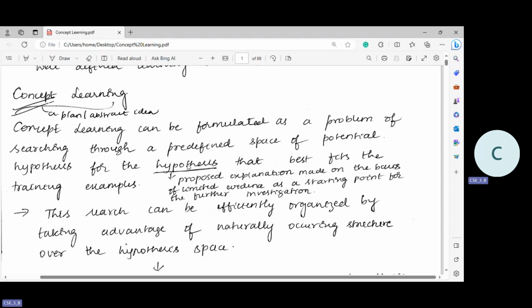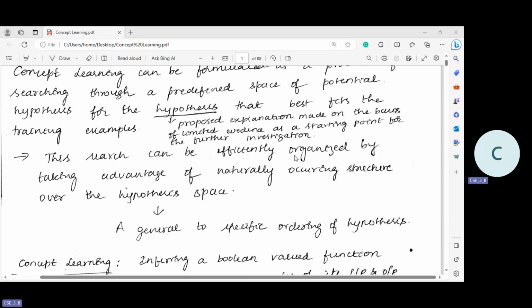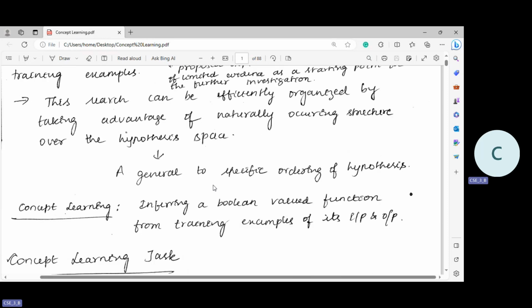The search can be efficiently organized by taking advantage of the naturally occurring structure over the hypothesis space: a general to specific ordering of hypotheses. In concept learning, we observe how we can fix the boundary, within which we make the decision.